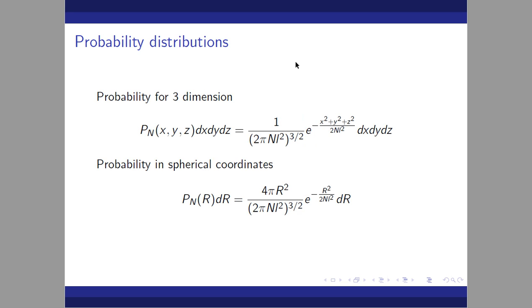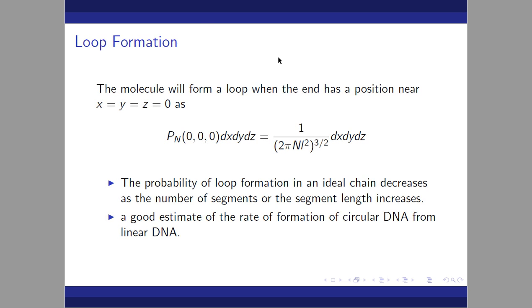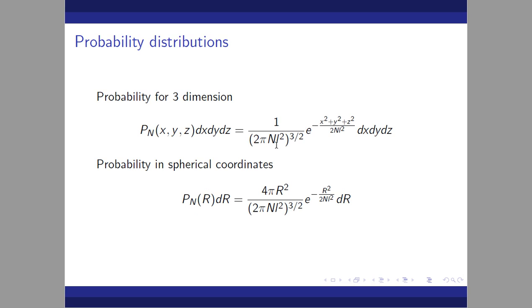For three dimensions, we have x squared plus y squared plus z squared, dx dy and dz. And for spherical coordinates, r equal to r squared over 2 n l squared, dr. So we have this probability distribution, meaning that we can estimate the distribution of the monomer.